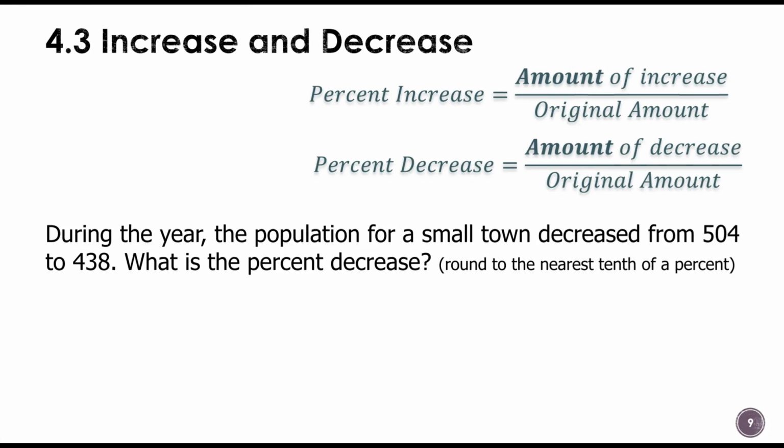Okay. During the year, the population for a small town decreased. Okay, this one's decreased, but the process is the same, from 504 to 438. What is the percent decrease? All right, so let's take a look at this. So first, we have to subtract, right? So 504 minus 438.